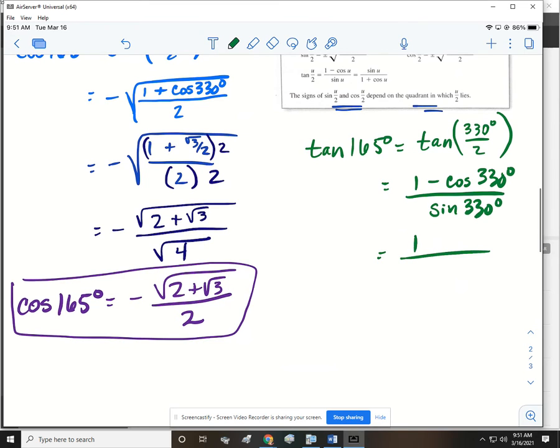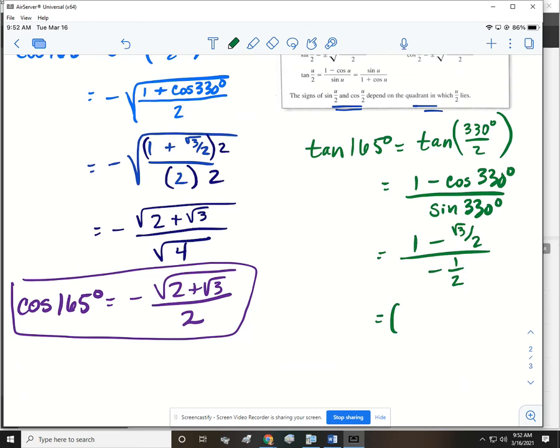All right, so we've already figured out twice that the cosine of 330 degrees is the square root of 3 over 2. The sine of 330 degrees is in quadrant 4, so the sine is negative, and then it's the 30-degree finger, so it's 1/2. So negative 1/2 in the denominator.